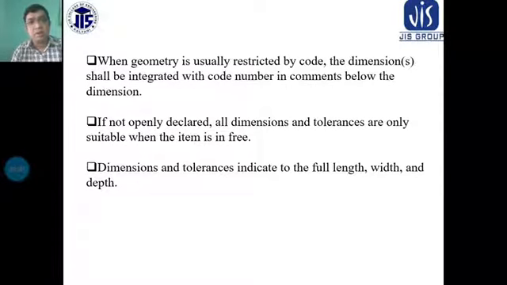If not otherwise declared, all dimensions and tolerances are only applicable when the item is in a free state. And another case is that dimensions and tolerances apply to the full length.